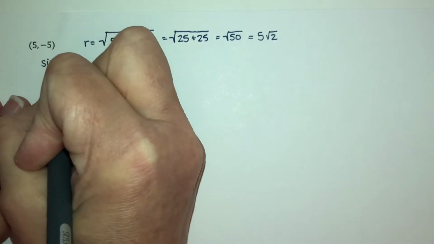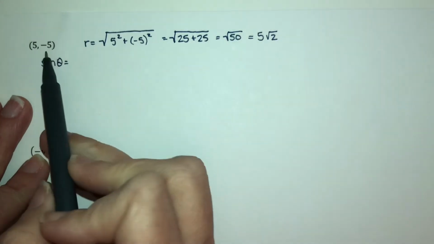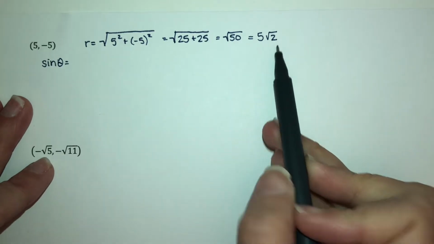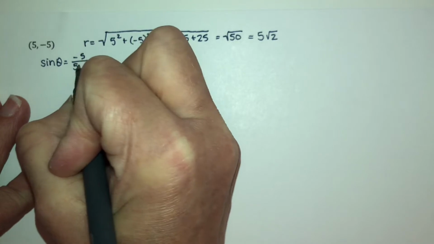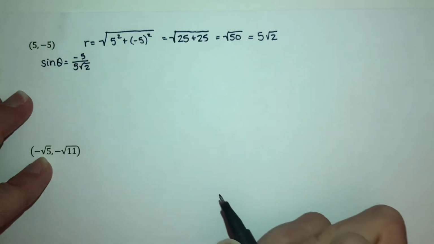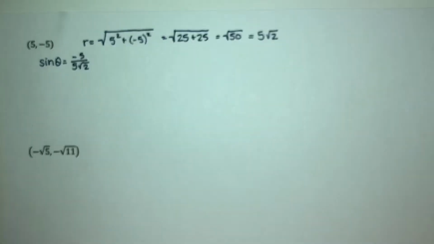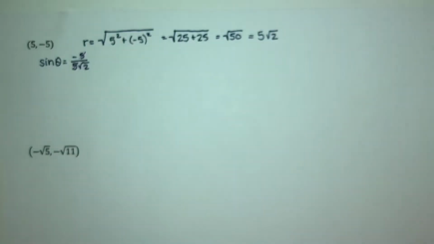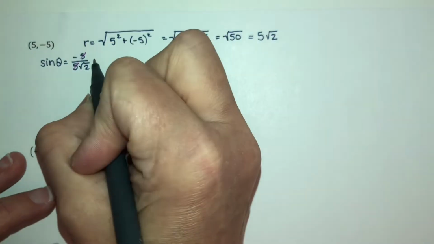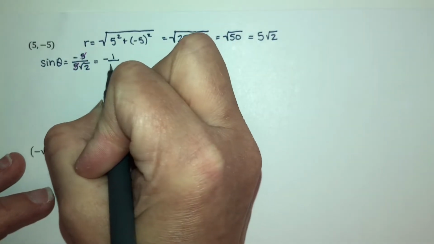Sine of theta is y over the radius. So -5 over 5 times the square root of 2. I'm going to simplify this very quickly by dividing top and bottom by 5 to get -1 over the square root of 2.